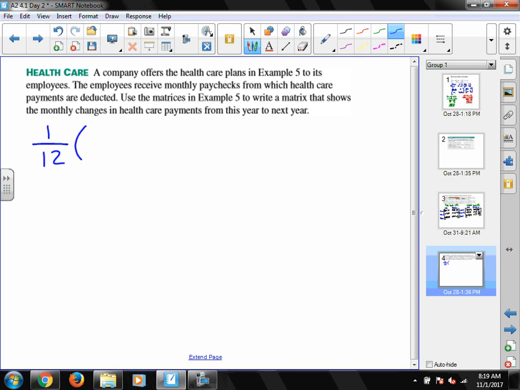And if I want to see the changes from this year to next year, I need to take matrix B, our matrix from next year, and subtract my prices this year. That way I can see whether it's going to increase or decrease.